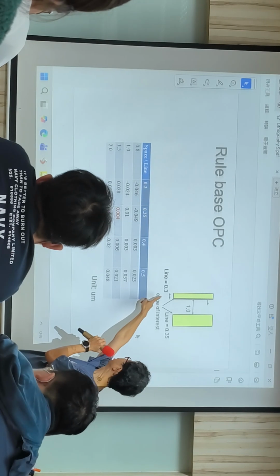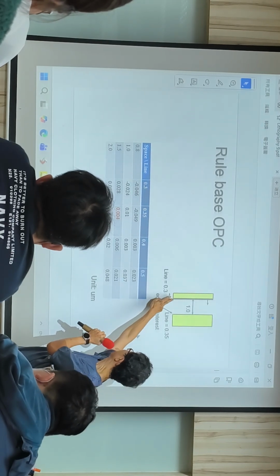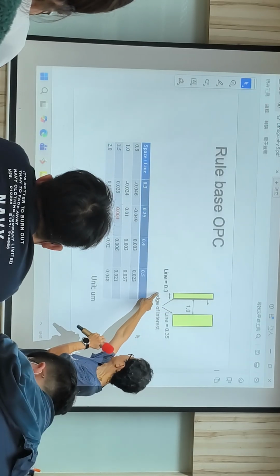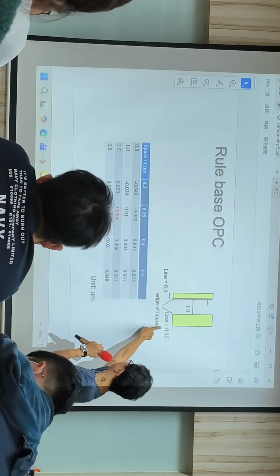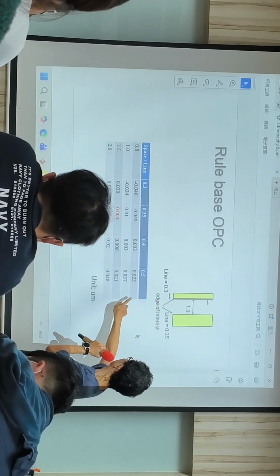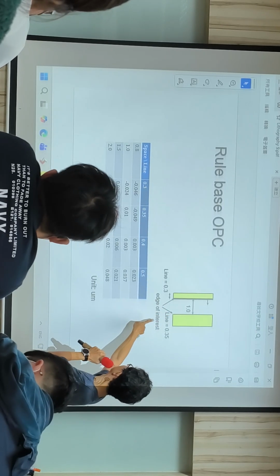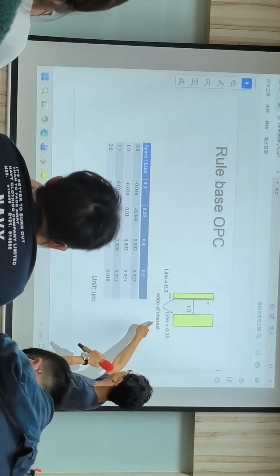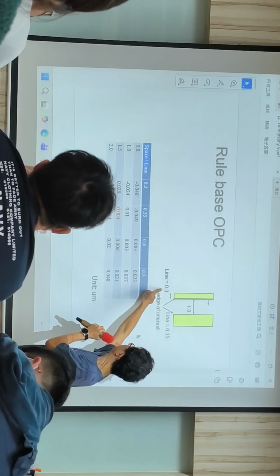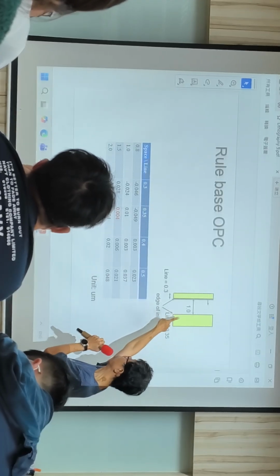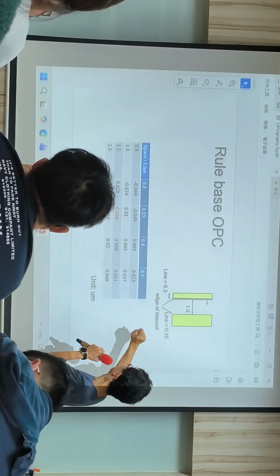If here this is line, this is a space. Okay, if the line is 0.3 and the space is 1.5. This line is 1.3. This line is 0.35, and the space is 1. Okay.